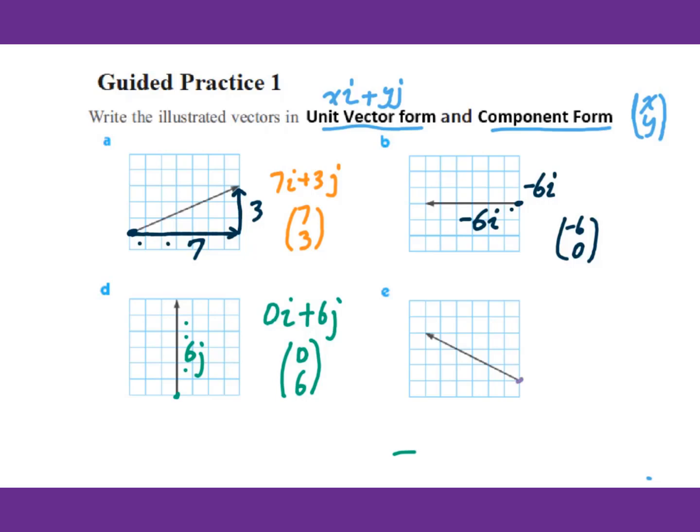For E, this is your starting point. 1, 2, 3, 4, 5, 6. So it's negative 6. Go 1, 2, 3, so positive 3. Therefore, we have negative 6i plus 3j. Component form, that will be negative 6 and 3.